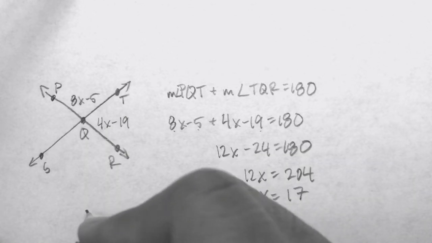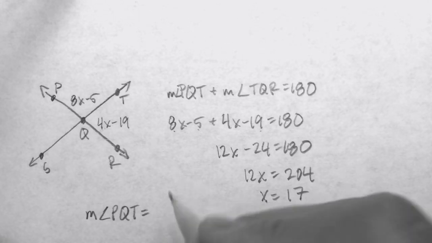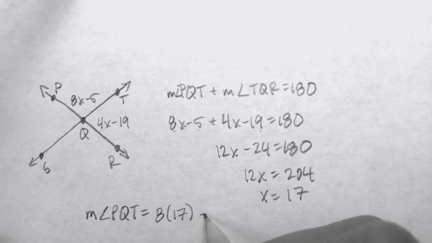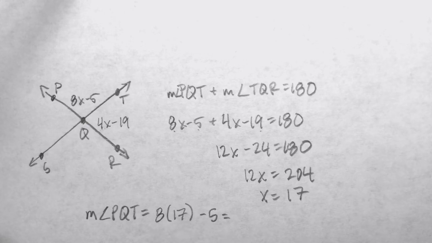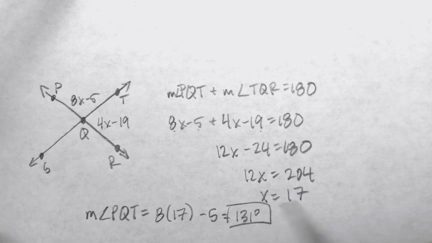The measure of angle PQT is equal to 8 times x, and now we know x is 17, so 8 times 17 minus 5. 8 times 17, if you plug that into a calculator, you should get 136, minus 5, which gives us a final answer of 131 degrees.